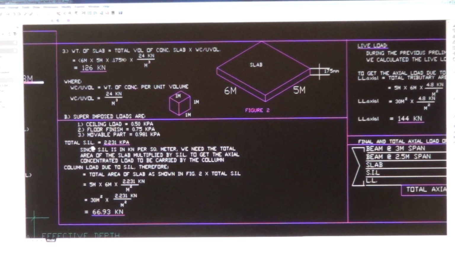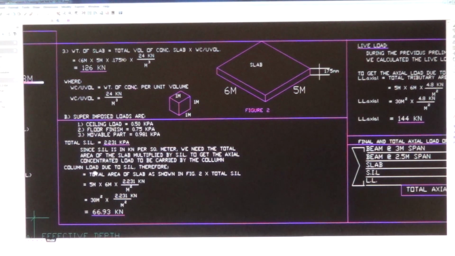Total SIL, the superimposed load, is 2.231 kPa. As you know, kPa is kilonewton per square meter. Since SIL is in kilonewton per square meter, we need the total area of the slab multiplied by SIL to get the axial concentrated load to be carried by the column.